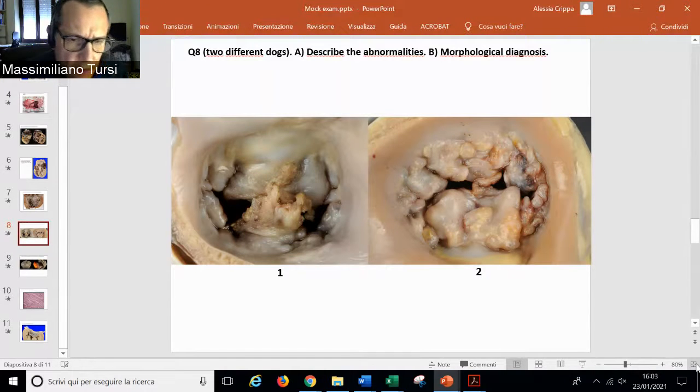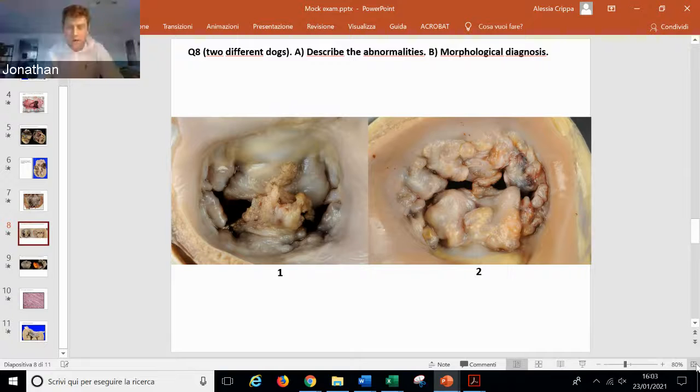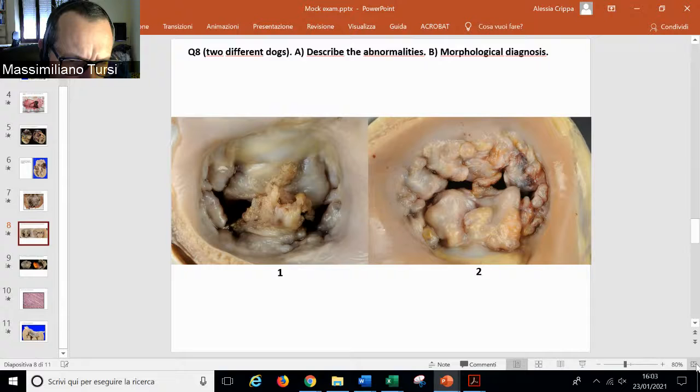Yeah, you say that in general sometimes it's difficult to recognize proliferative polypoid endocarditis and myxomatous degeneration. Yes. But take care, because the correct name is myxomatous degeneration.